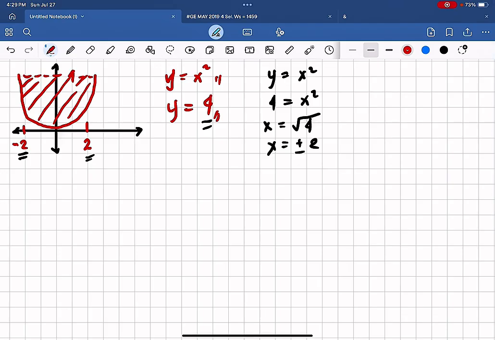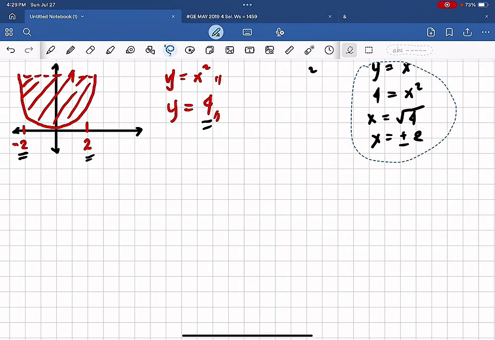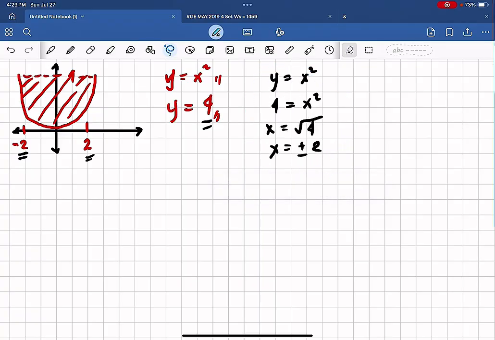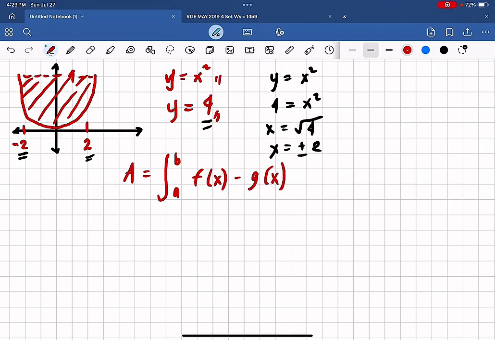So our formula for finding the area, the area will be the integral of limits, which is a to b, f of x minus g of x.